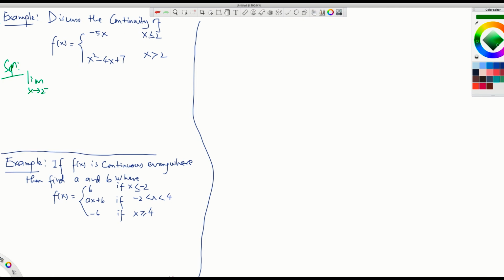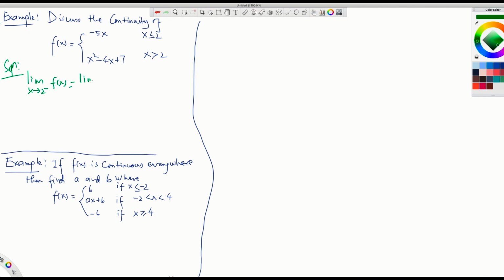At 2 it may not be, because this function goes up to 2 only, and on the right of 2 another function starts, so the limit may not exist, or the functional value may not be equal to the limit. So we want to check that, but everywhere except 2 the function is continuous, because they are polynomial functions.